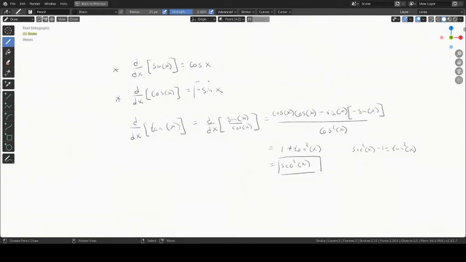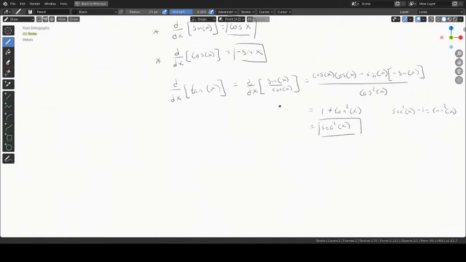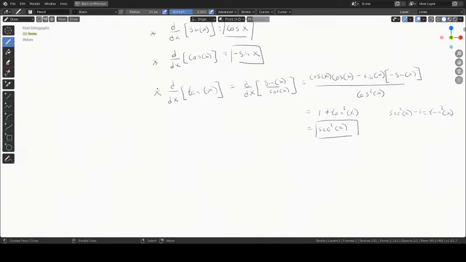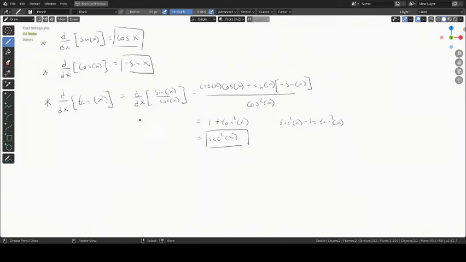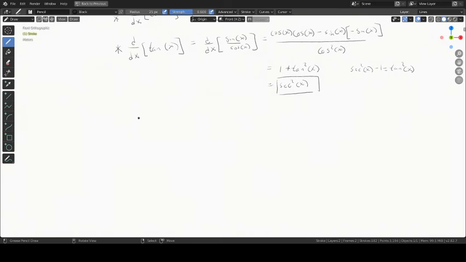Go ahead and box these in. Alright, so that's another important one. We want to memorize that. The next one we can do is cotangent of x. So we have d over dx of cotangent of x.